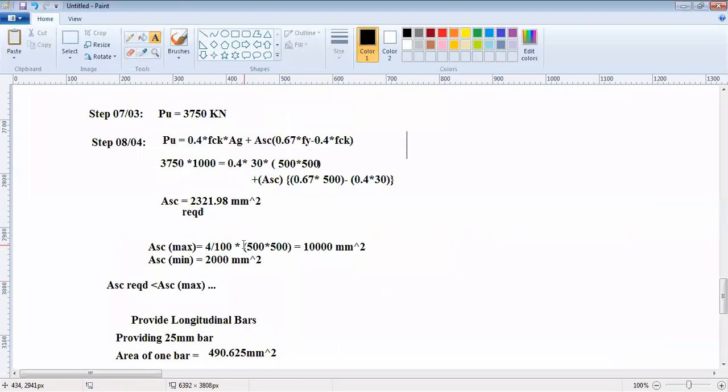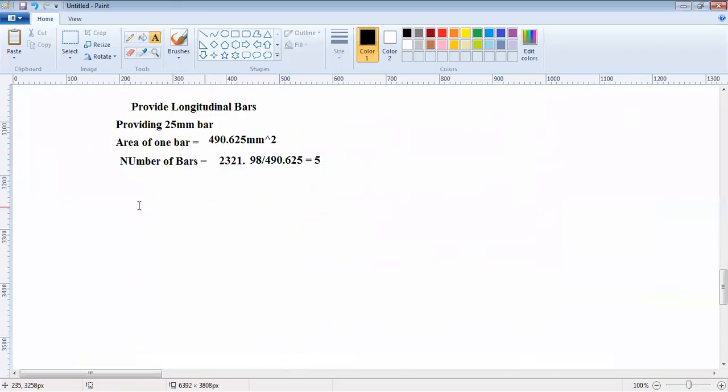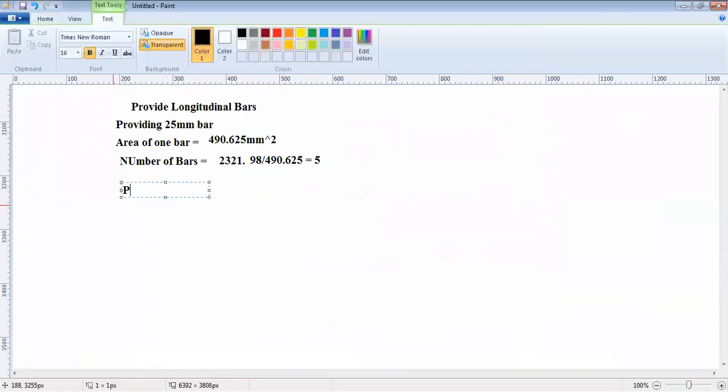Now, again, 5 bars is a complicated thing to provide here. So we'll not go for 25 mm; we'll provide the bars such that they are uniformly distributed. Let's provide 22 mm bars.